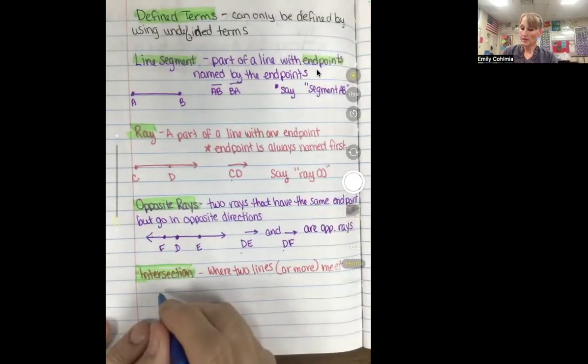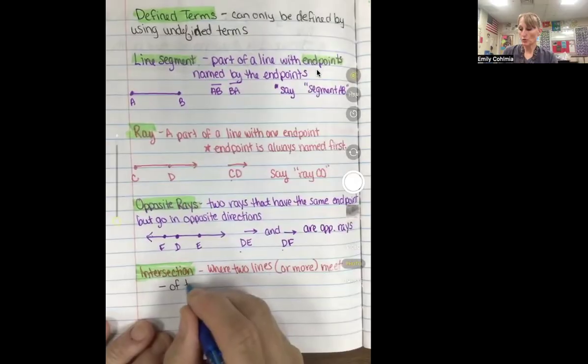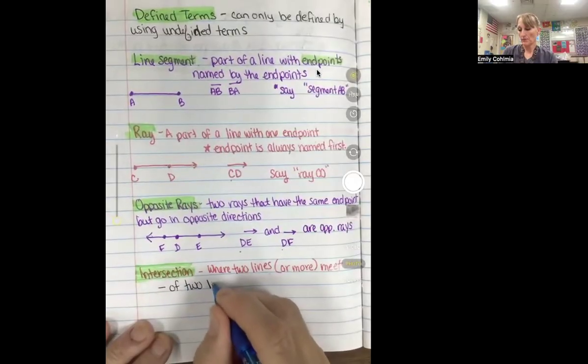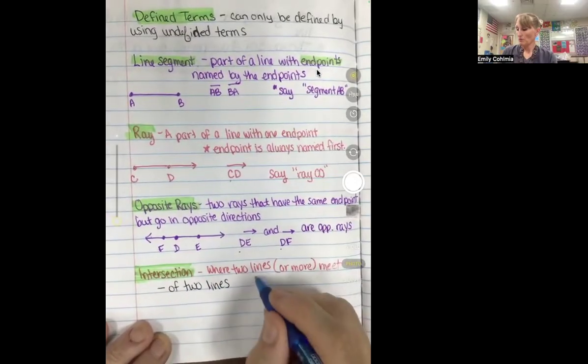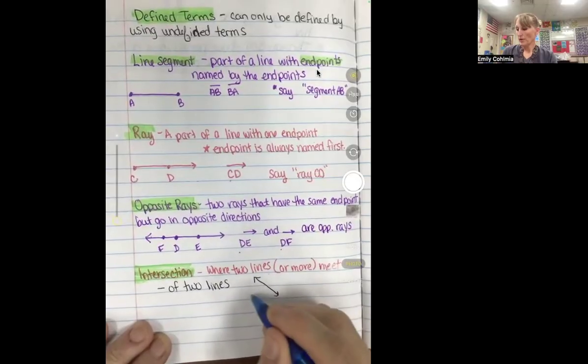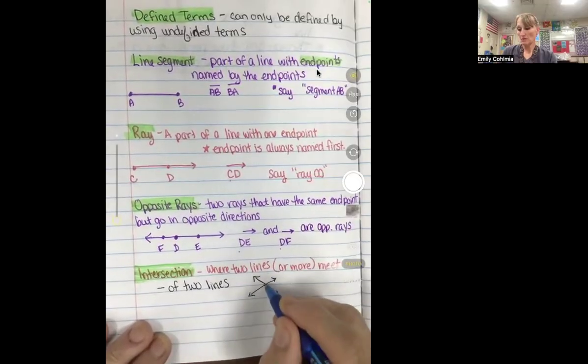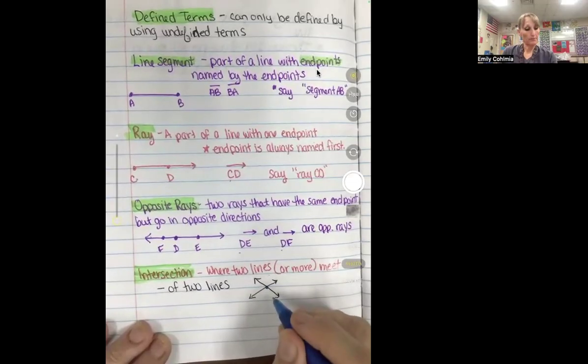So there can be an intersection of two lines or more. When that happens, they will always meet at a point.